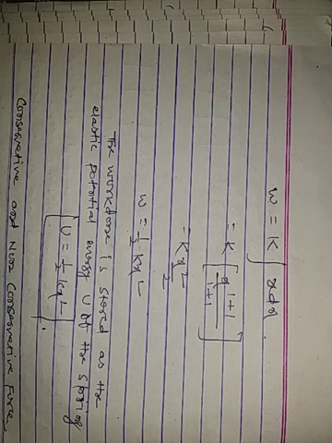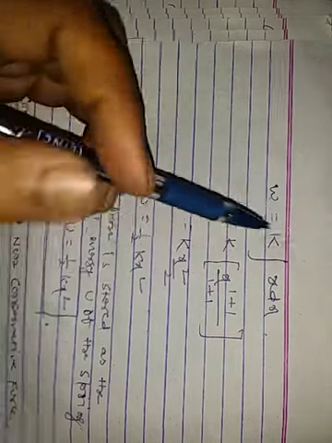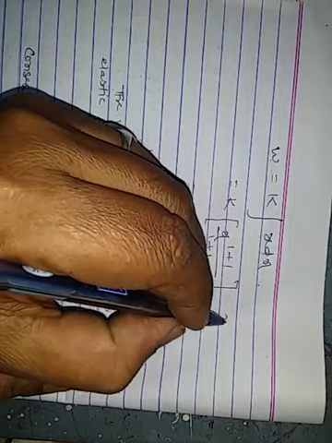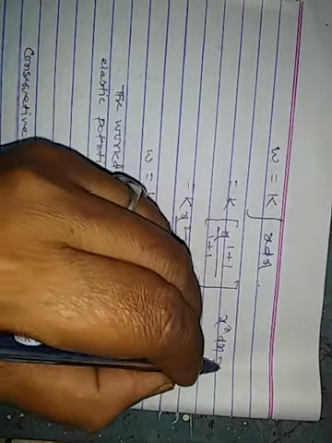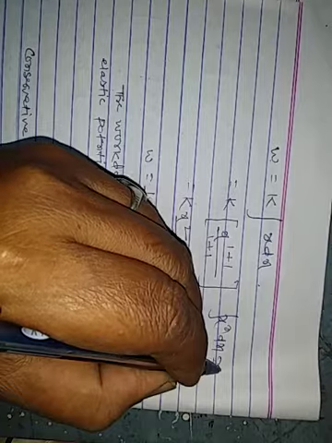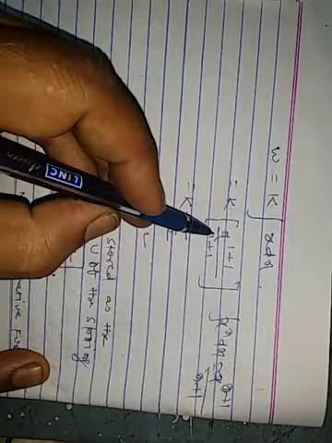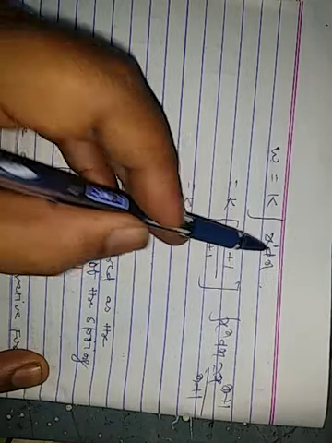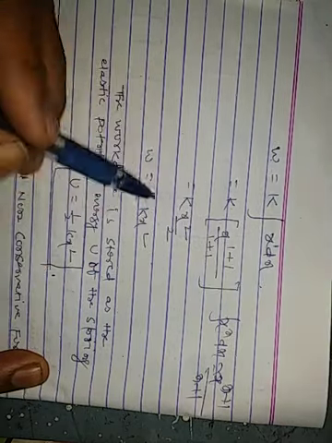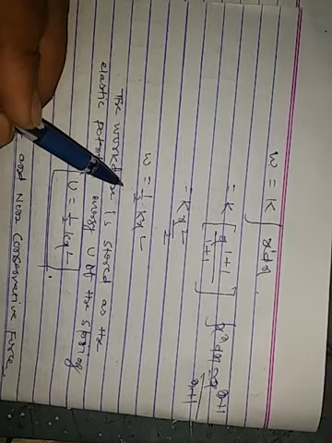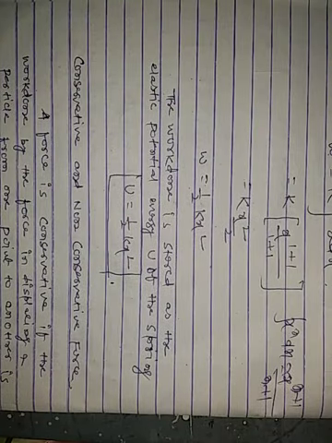Using the formula for the integral of x to the power n dx equals x to the power n plus 1 by n plus 1, we get kx square by 2, so the work done W is equal to half kx square.